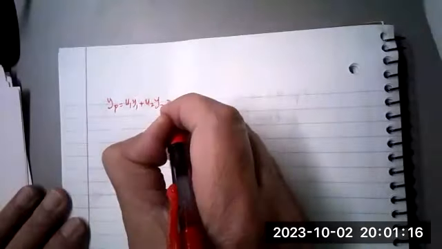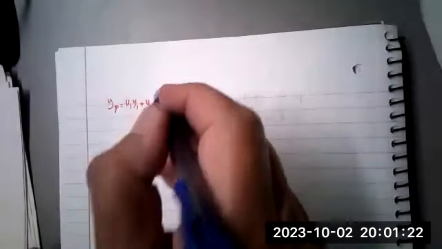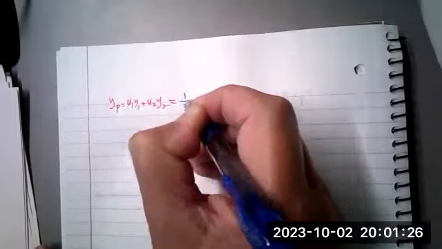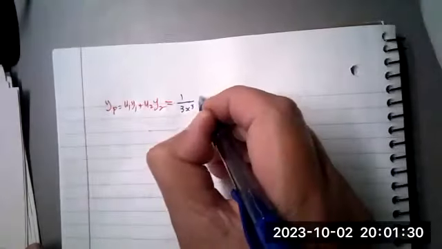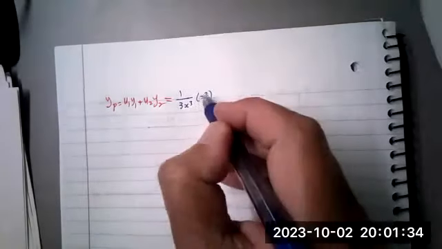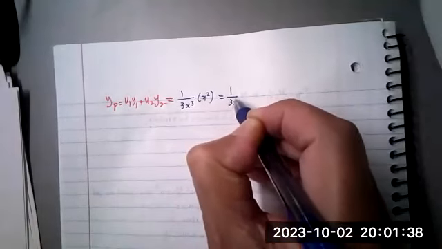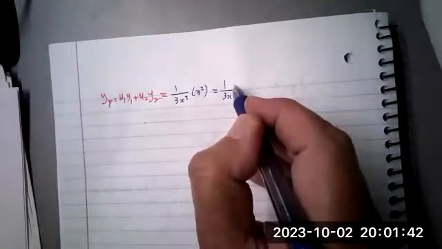Substitute. What's u1? u1 is 1 over 3x cubed, and y1 is x squared. So we simplify it. That will give us 1 over 3x. Remember, no constant c, since it is a particular solution.